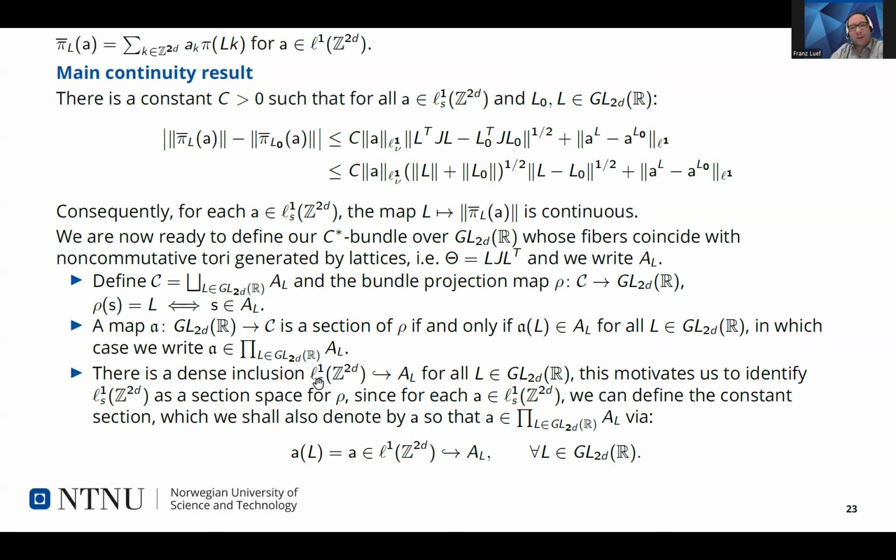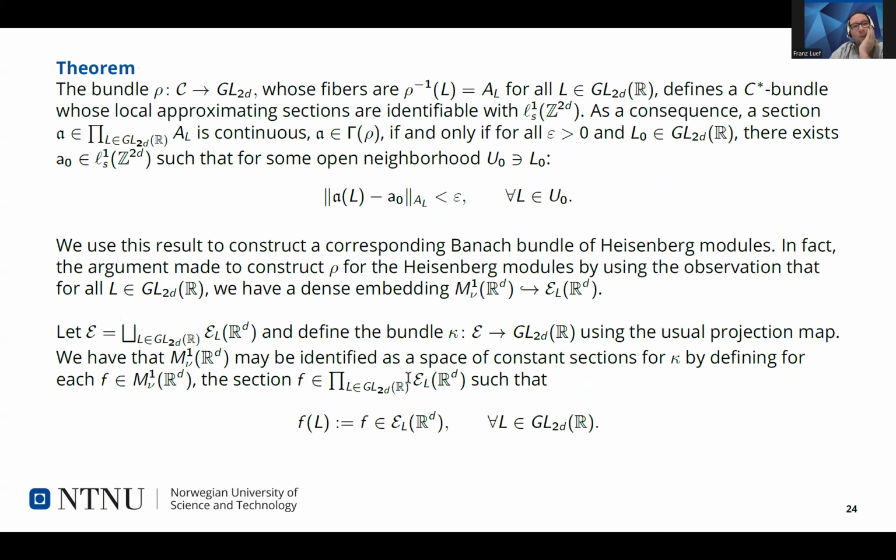And another thing that we use all the time is that we have this twisted L1 algebra sitting inside A_L. Good, and so we also get this continuous bundle of noncommutative tori or twisted group algebras. And in the same way, we can get the corresponding Heisenberg modules.